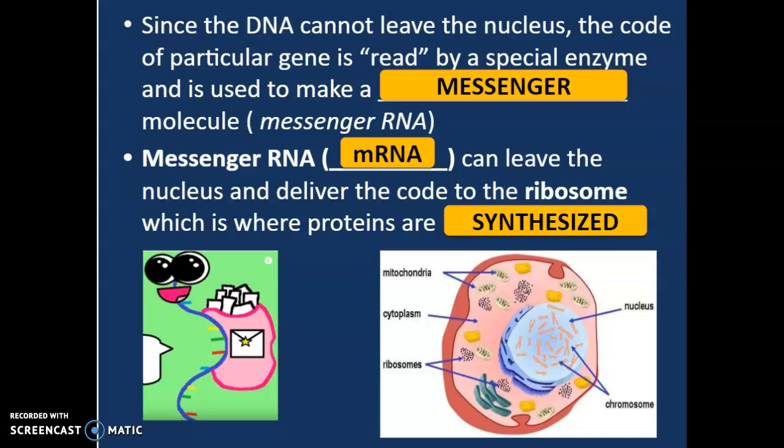So since DNA cannot leave the nucleus, the code for a particular gene is read by a special enzyme, and it's used to make a messenger. This messenger is known as mRNA or messenger RNA. Messenger RNA can leave the nucleus and deliver the code or the recipe to the ribosome where proteins are synthesized.